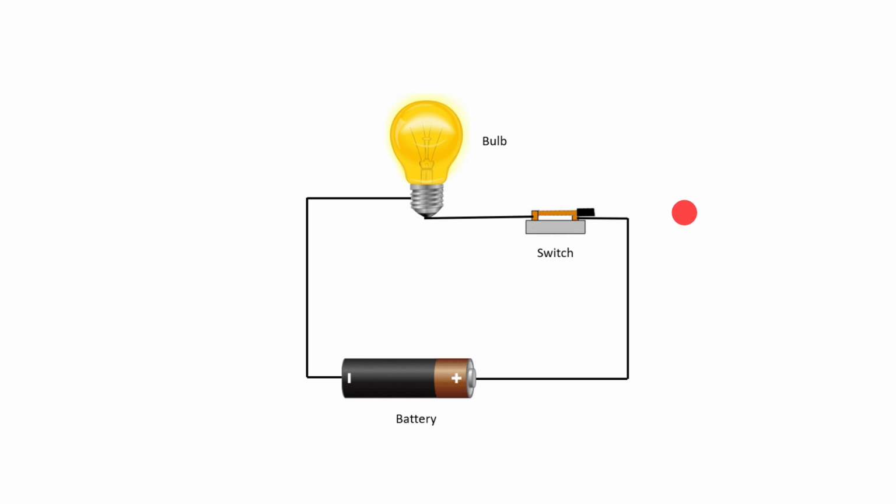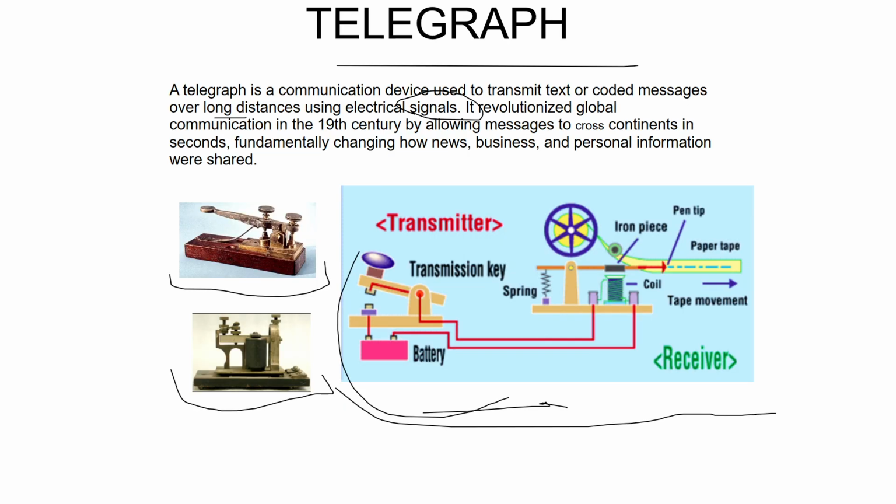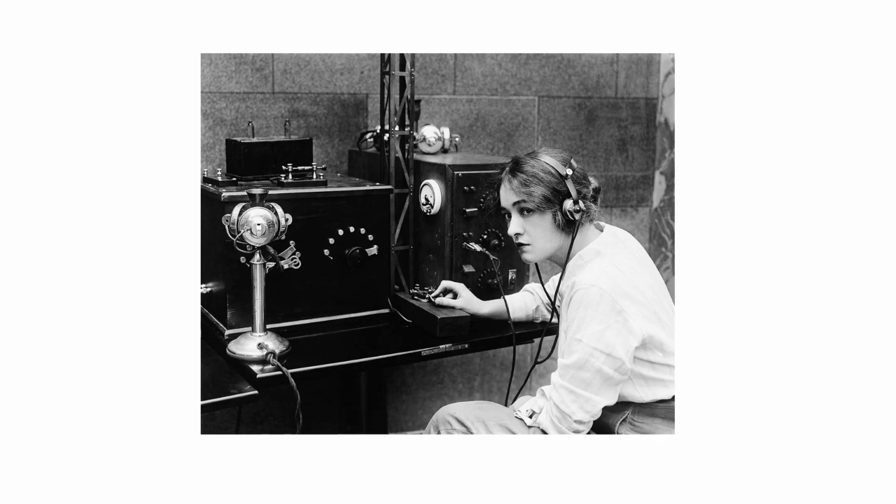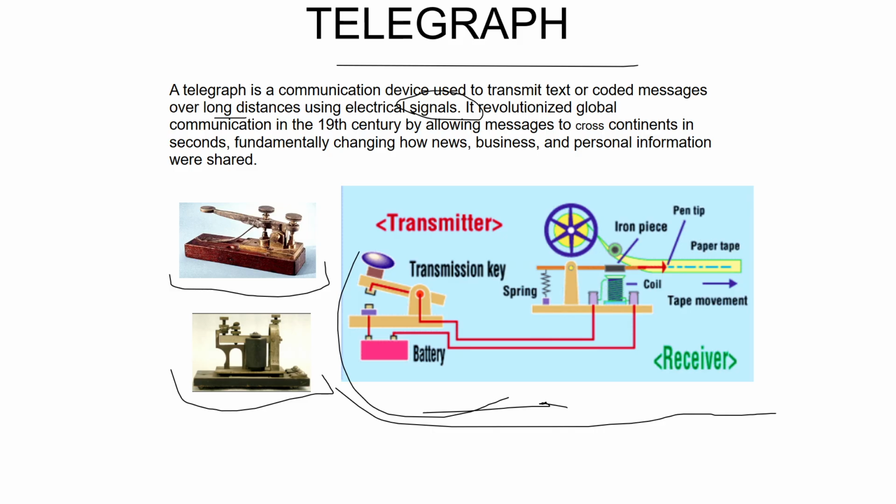So yeah, that's the basic thing. So let's see how it works. So an operator is someone like this, who in this case will listen to those beep sounds and be able to understand. So before that, we'll see how it works.